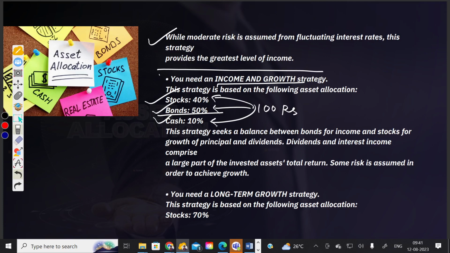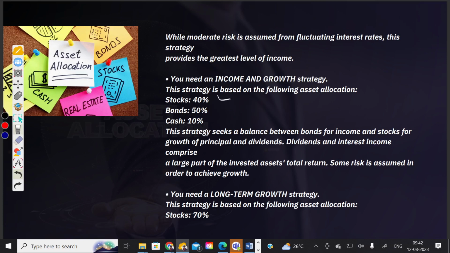All right. So another strategy, if you see, you need a long-term growth strategy. If you want to design the long-term growth strategy, here is how things would be different. If I take the example of income and growth and compare these two together, there we have invested 40% in stocks.